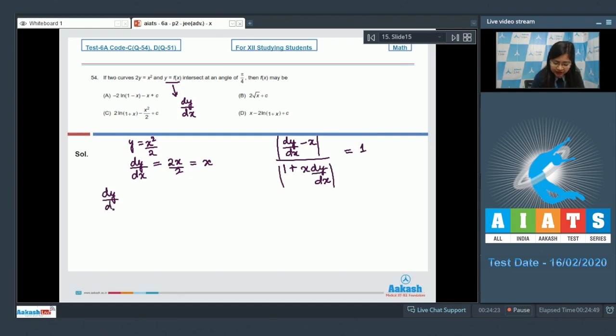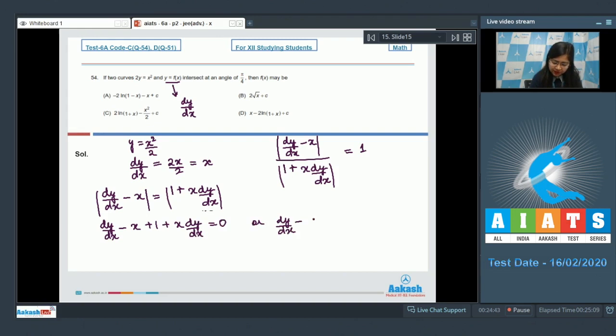So we have |dy/dx − x| equal to |1 + x dy/dx|, that is dy/dx − x + 1 + x dy/dx = 0, or dy/dx − x − 1 − x dy/dx = 0, that is dy/dx = (x − 1)/(x + 1), and from here we get dy/dx = (1 + x)/(1 − x).